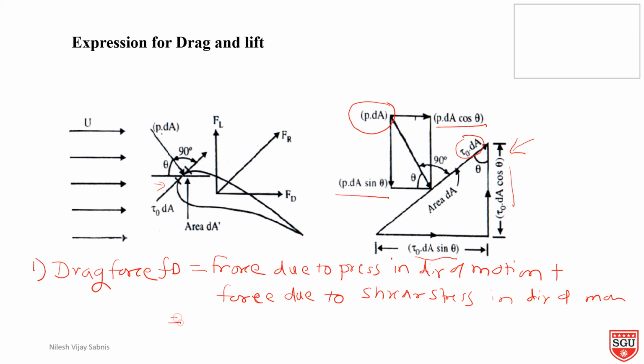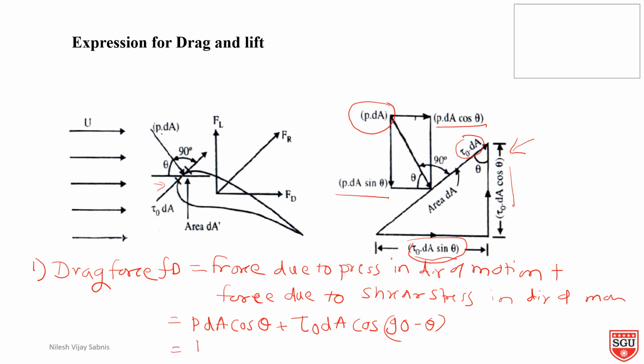Mathematically, that is P dA cos theta plus tau 0 dA cos(90 minus theta), which is nothing but tau dA sin theta.